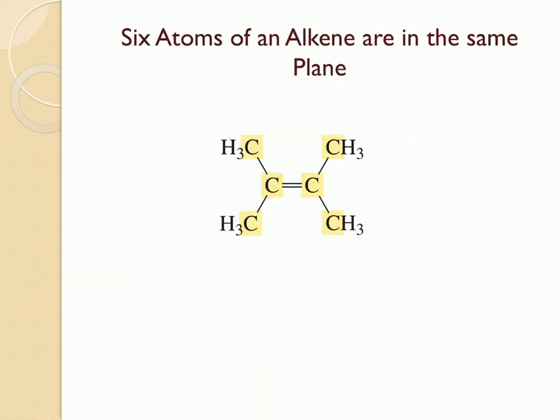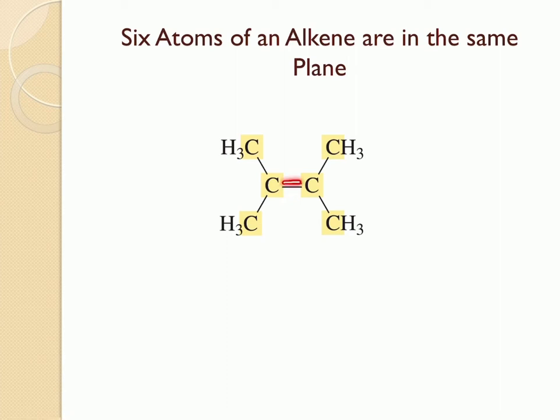When you consider the structure of an alkene, each of these doubly bonded carbons is going to have 3 sp2 hybridized orbitals. And each of these 3 sp2 hybridized orbitals is going to overlap with the orbitals of 3 other atoms to form 3 sigma bonds. Now, out of the 3 sigma bonds, one is part of the double bond.